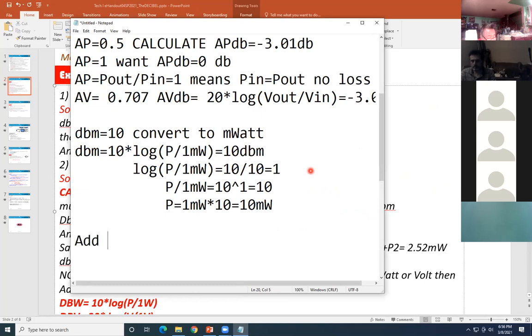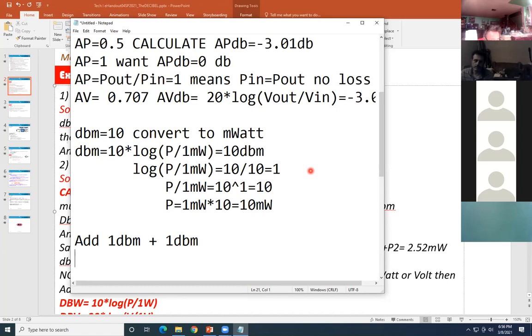Add 1 dBm to 1 dBm. They want converting dBm to watt or milliwatt first.